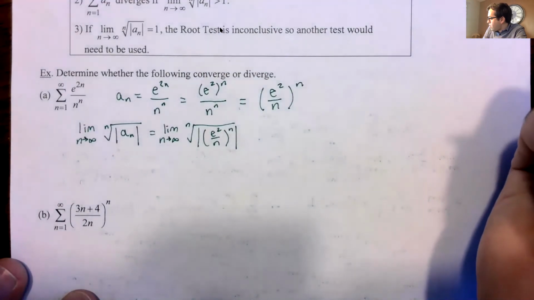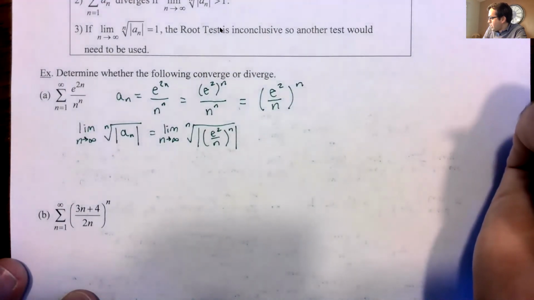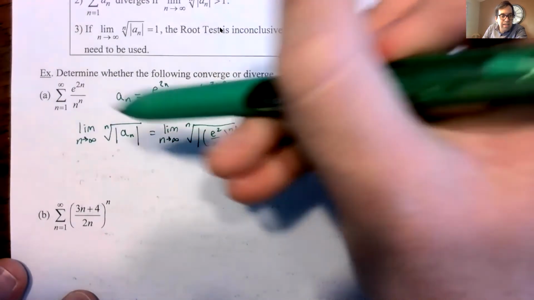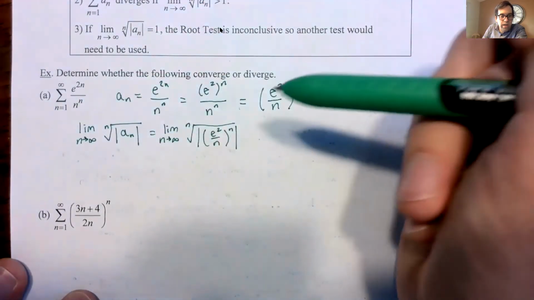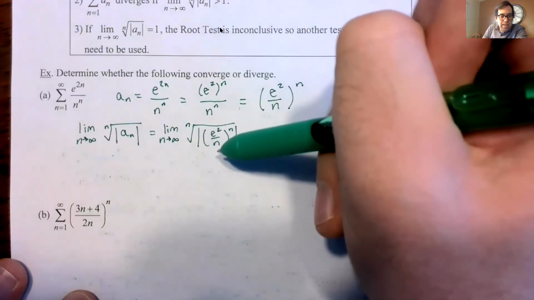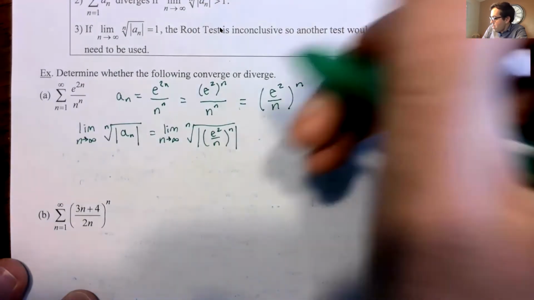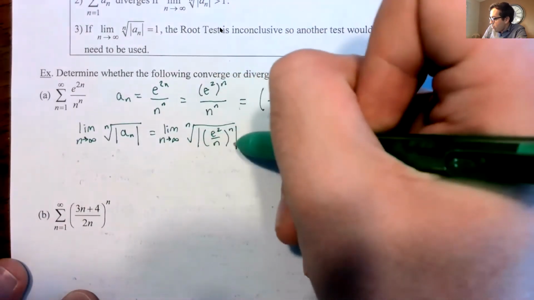Now, essentially, these absolute value bars can go away because n was starting at 1 and going up. There's nothing that's ever going to make this negative in the first place. The power is definitely not going to make it negative. So the absolute value is a non-issue.